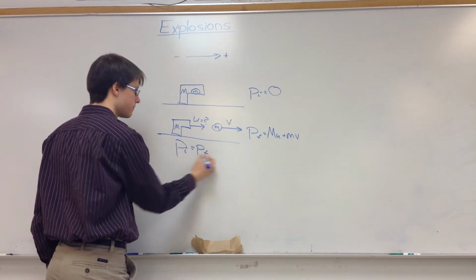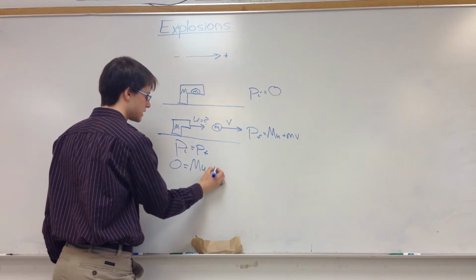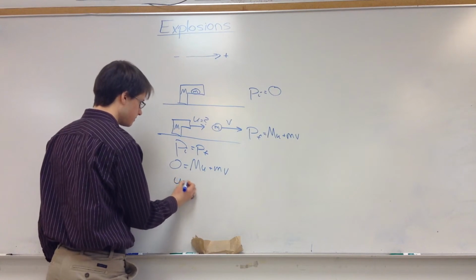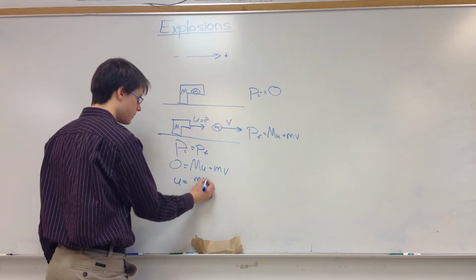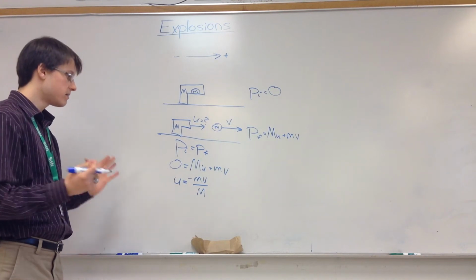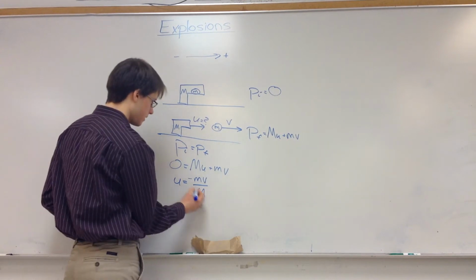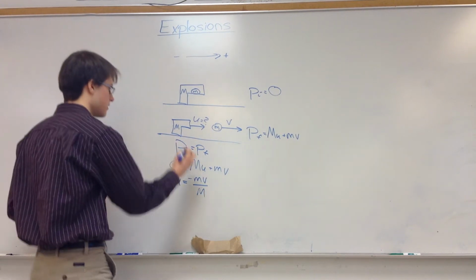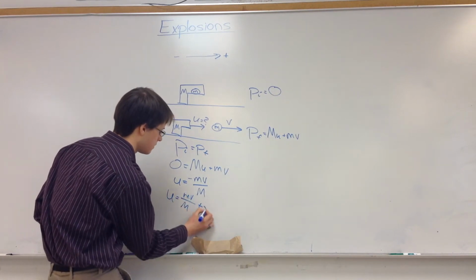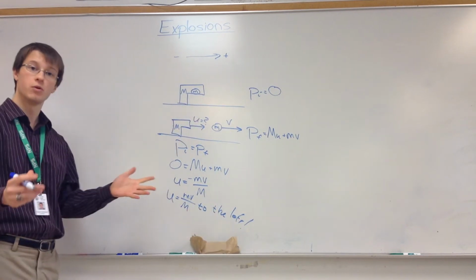Pi equals Pf. 0 is equal to big M times u plus little m times v, which means that solving for u, we get that u is equal to negative little m v over big M. And this means that u equals little m v over big M to the left, which we knew was supposed to happen.